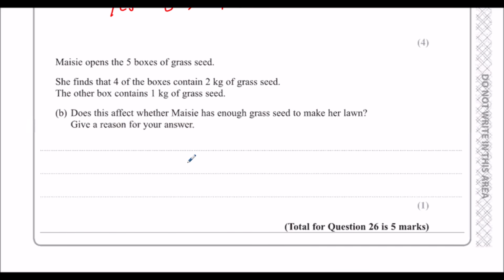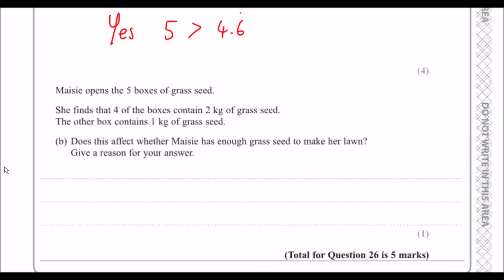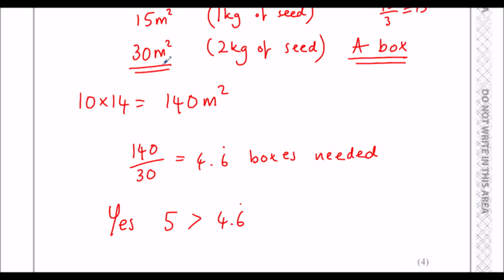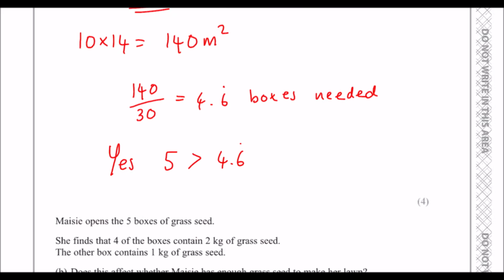Maisie opens the 5 boxes. She finds that 4 of the boxes contain 2 kilograms of grass seed. The other box contains 1 kilogram of grass seed. Does this affect whether Maisie has enough grass seed? So she has 4 boxes with 2 kilograms, which is 4 times 30 meters squared.